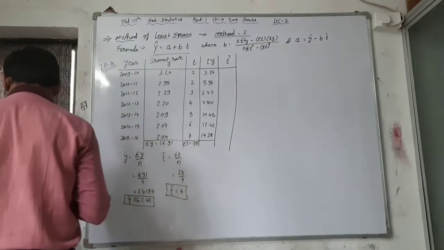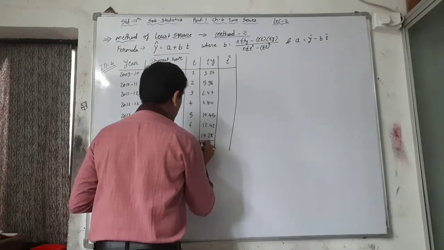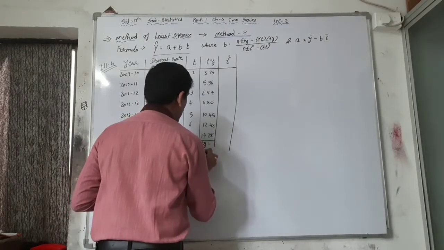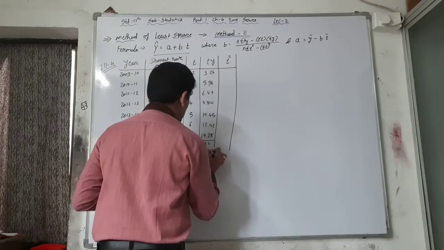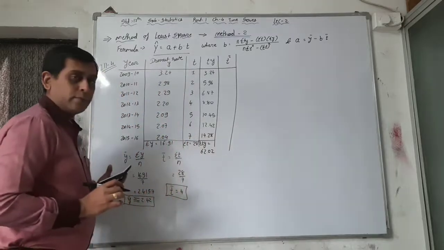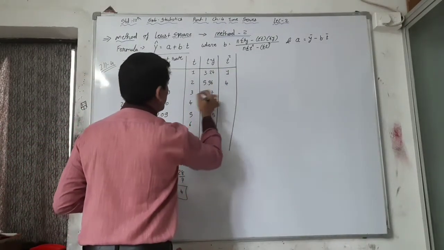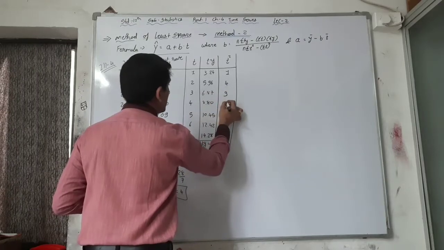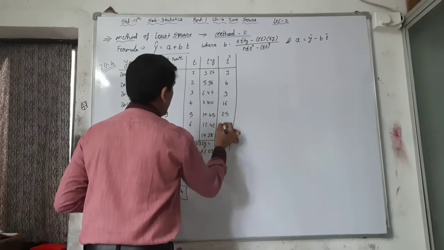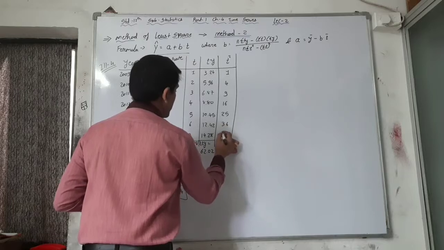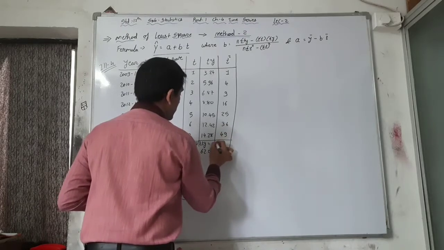The total is 62.02. Sigma ty is equal to 62.02. Right? Now t square: 1, then 4, then 9, 16, 25, 36 and 49.